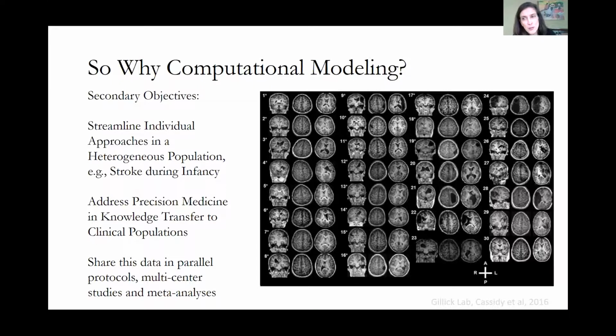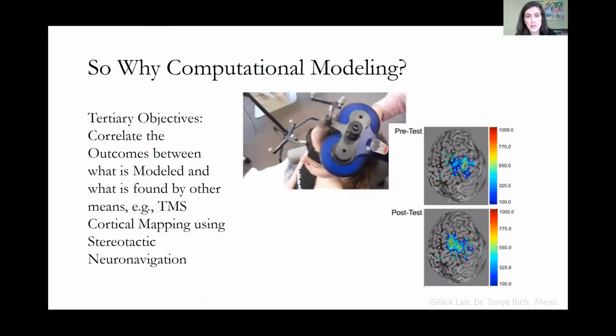For us to address and transfer the knowledge that we learn from bench to bedside, literally to these children pictured here, to clinical populations, modeling becomes very important to add to our arsenal of understanding of what is happening when we are integrating non-invasive brain stimulation, and also to do a meta-analysis in broader scope, as I discussed.